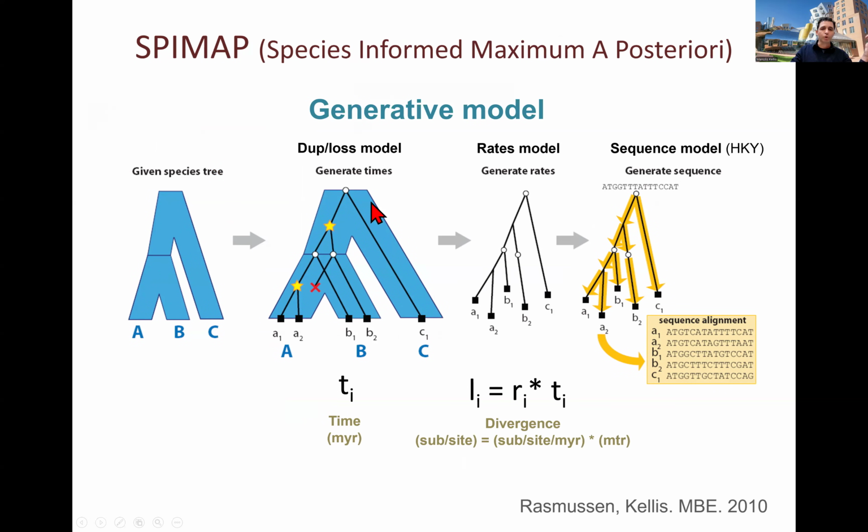I'm sampling topologies from within that species tree. When I have the topologies, I'm sampling rates. And when I have the rates, I'm sampling sequences. Okay, so it's a generative model that explains every aspect of this duplication, loss, evolution, topology, and mutation process. Everybody with me here? Cool.